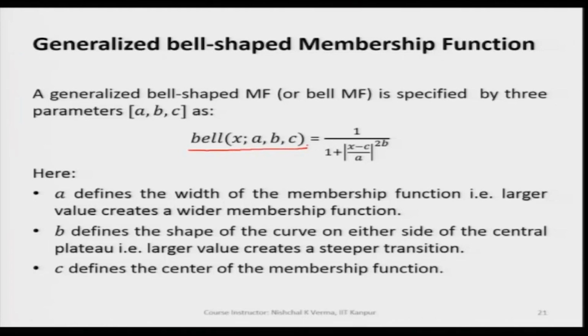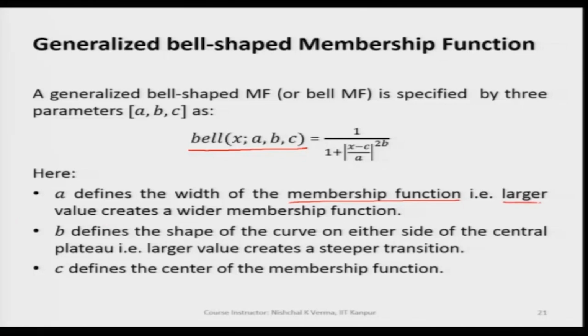The syntax is written as bell(x; a, b, c), which is equal to 1 over 1 plus the modulus of (x minus c) over a, raised to power 2b. Here, a defines the width of the membership function. I would say a controls the width of the membership function.